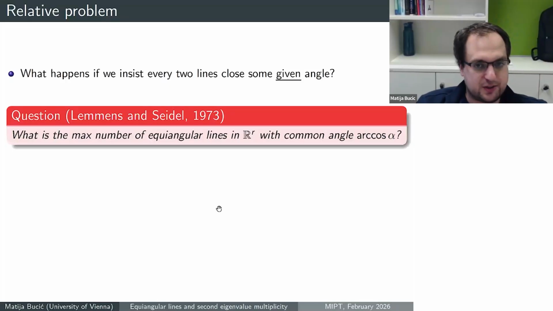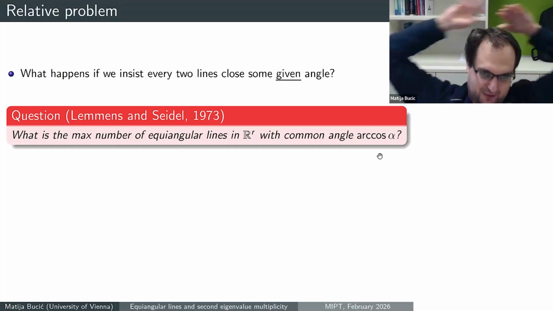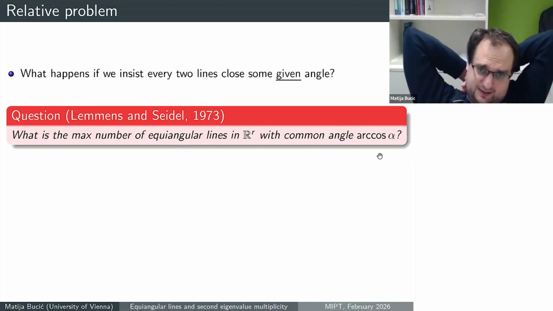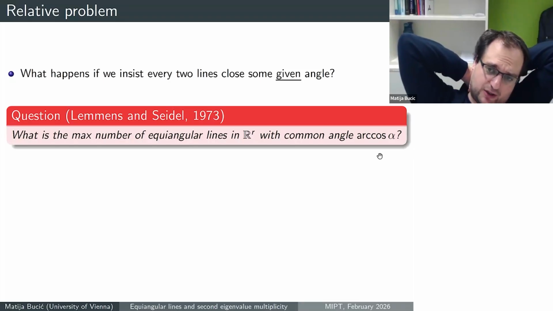The first to actually introduce this question or write it down, though it implicitly appeared in a few older papers as well, were Lemmens and Seidel in 1973. And here I'm stating it with this peculiar choice of normalization, namely I'm asking for the maximum number of equiangular lines in R^r, with common angle being arccosine of alpha.